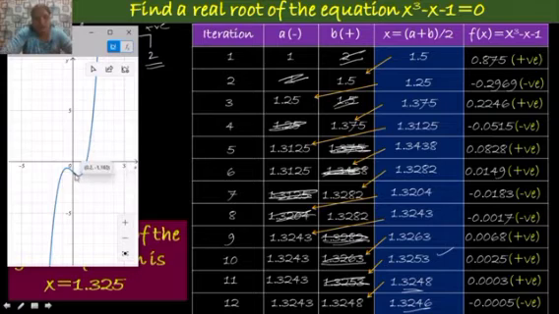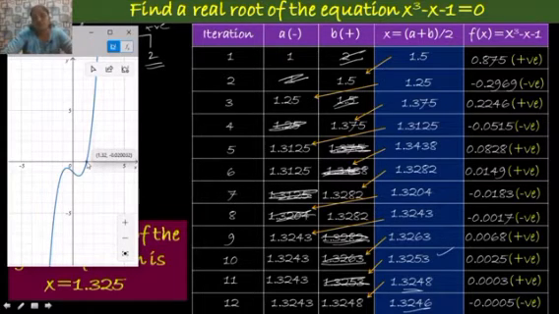So it cuts the y-axis at minus 1 and cuts the x-axis at 1.32.